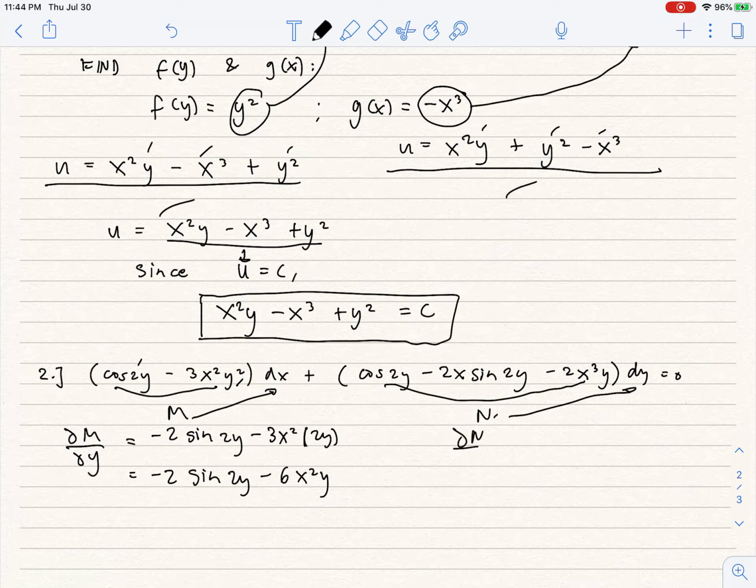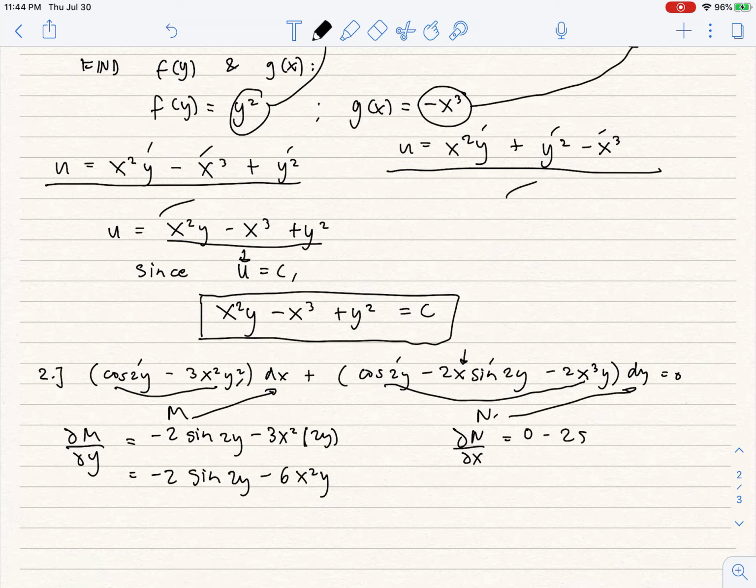So partial derivative of n with respect to x is equal to first kani. So since this is a function of y, this is now considered as a constant, then derivative of a constant is just 0. Okay, next is term number 2. Y is sine 2y here is considered as the constant together with number 2. Okay, so ato lang i-differentiate kay kaning x dira.